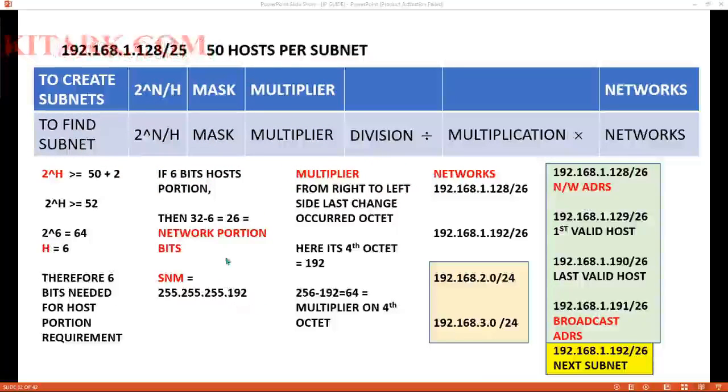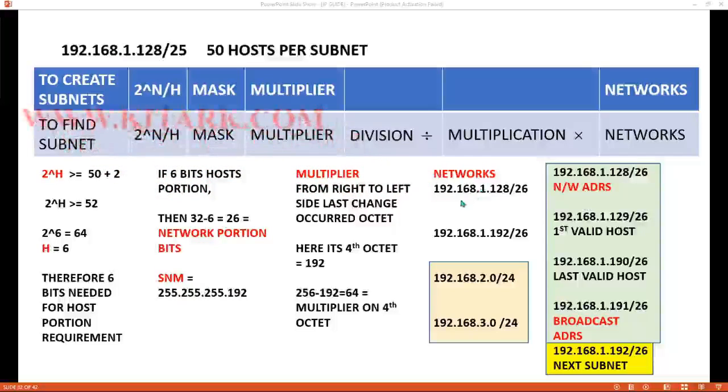You know the reason: 24 means 3 times 255, and another 2 bits borrowed means 192. Refer to the bit borrowing table. Then go for the multiplier by deducting this 192 from 256. So 256 minus 192 gives you 64, which is the multiplier on the 4th octet.